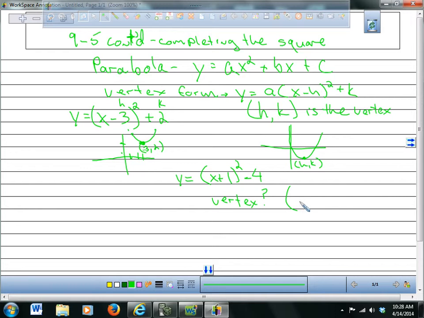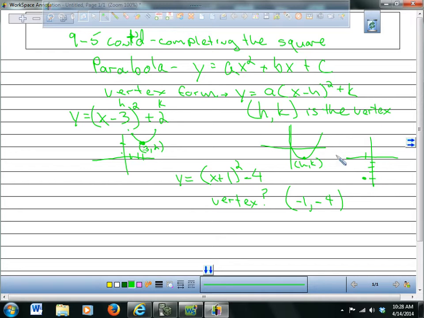And what's k? Minus 4. The thing inside is the opposite of the sign. If this is plus, the vertex was negative, and if this is negative, you just leave it. So this parabola has a vertex of back 1 and down 4.